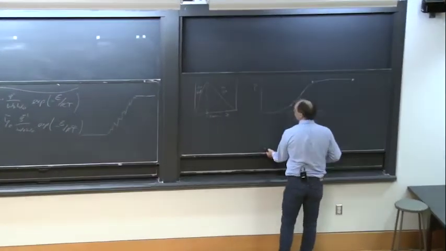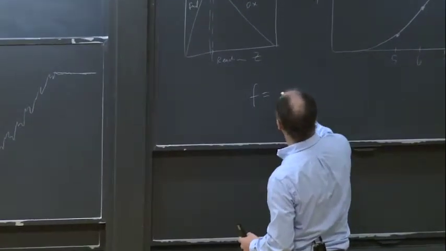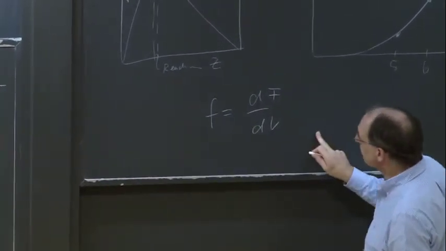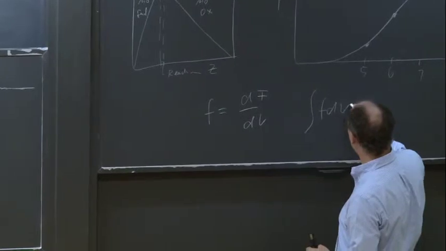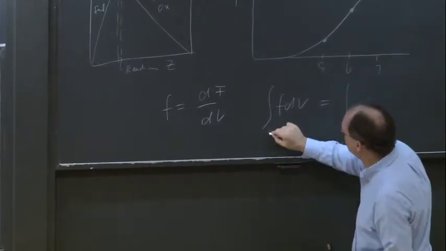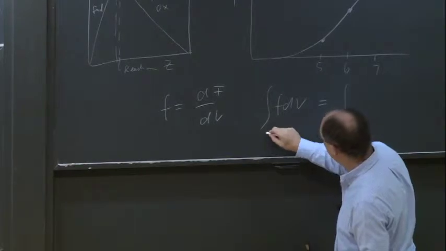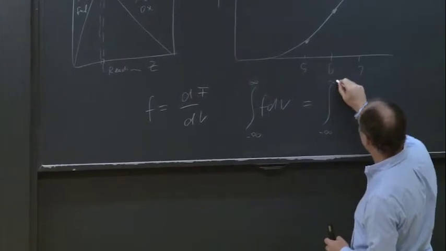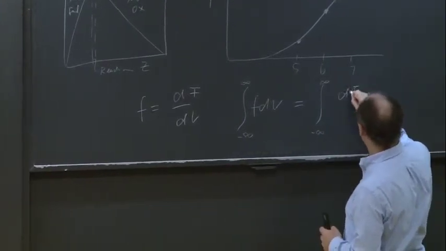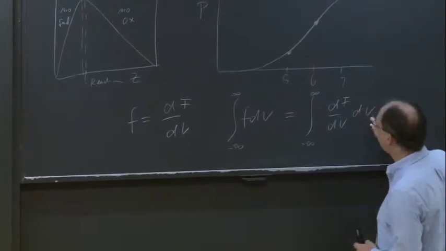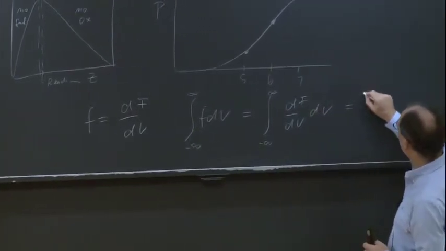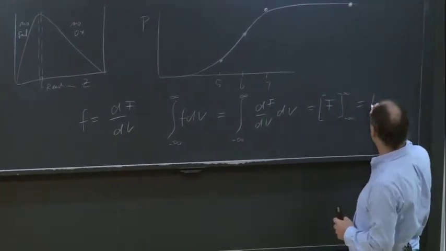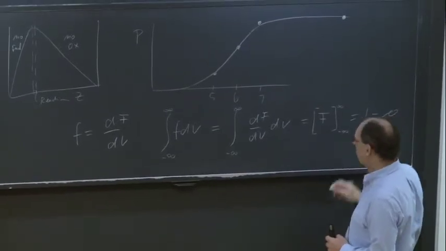If f is the CDF, then the integral of f dv from minus infinity to infinity is equal to the integral of df/dv dv, and that's equal to F between minus infinity and infinity, and that's equal to 1 minus 0, so that's equal to 1.